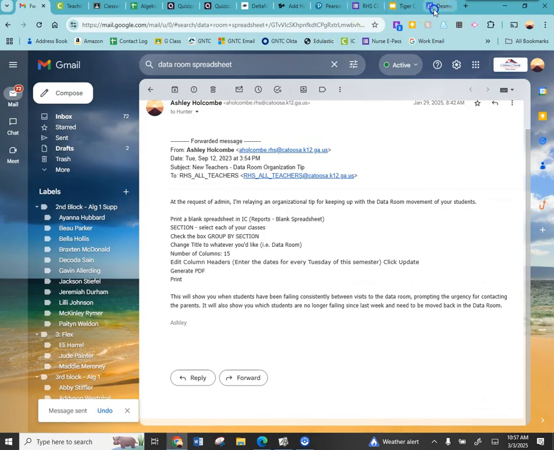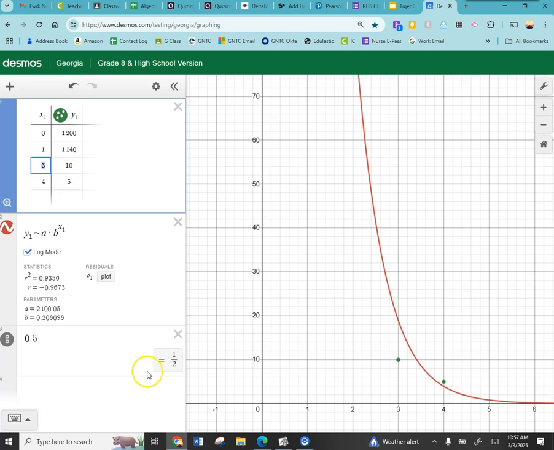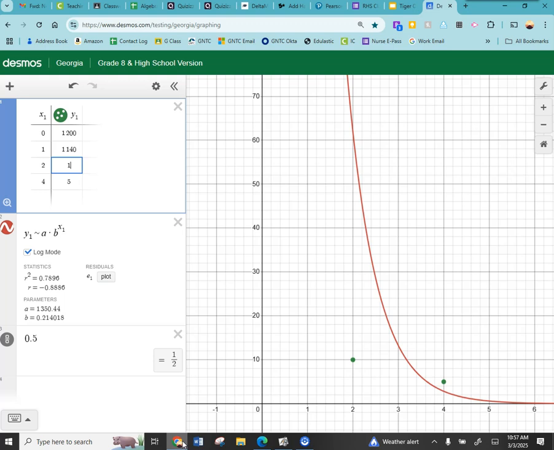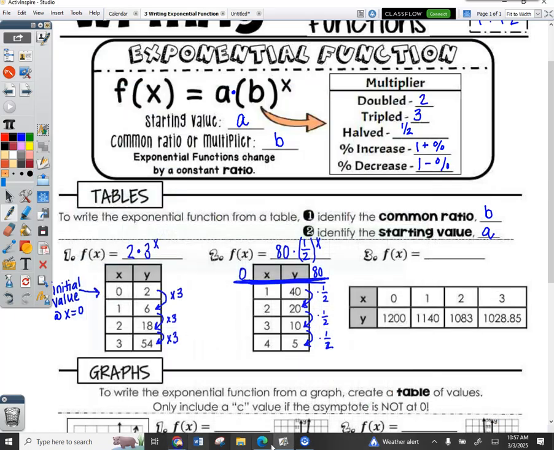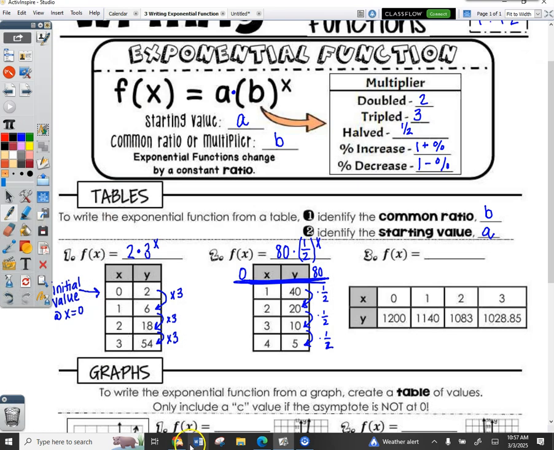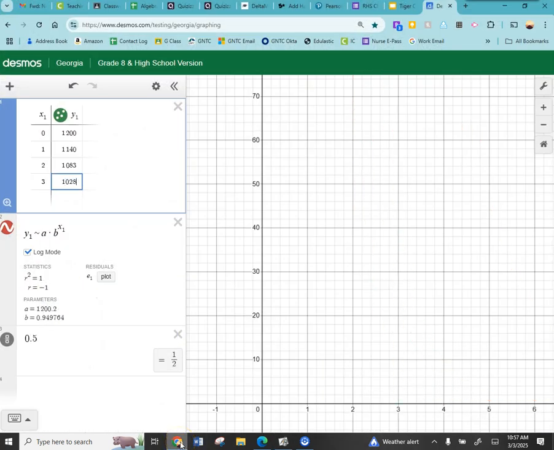All right, you're good. 2, 1083. What was the 3 value? 1028.85.